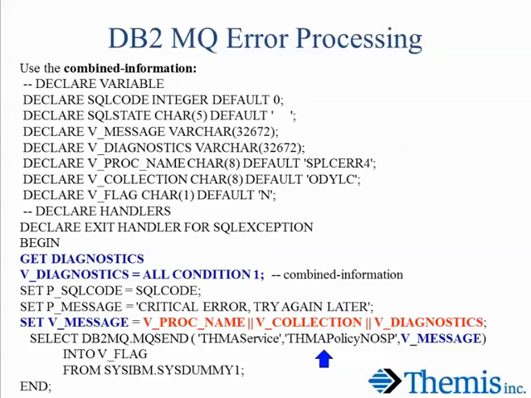And what I'm taking is the non-diagnostic information that I want to capture, such as the proc name, the collection ID, and the diagnostic information from the GET Diagnostics. I'm going to concatenate that together and put it into my message area.